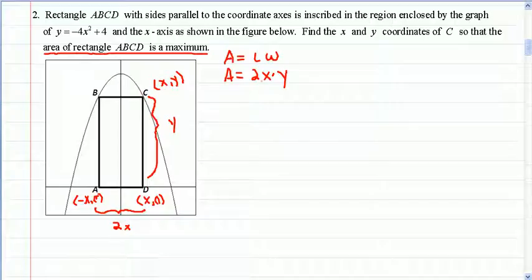Whenever you solve a maximization problem or any optimization problem, you want to differentiate one variable. So we have 2x times y. So I'm going to substitute the y with the negative 4x squared plus 4 that's in the problem.